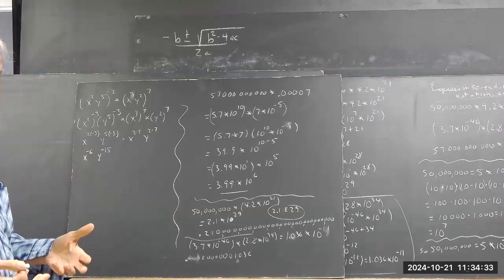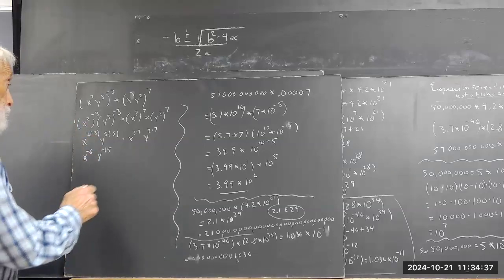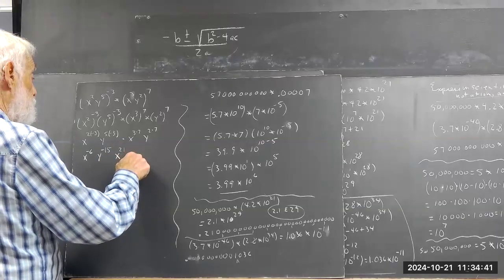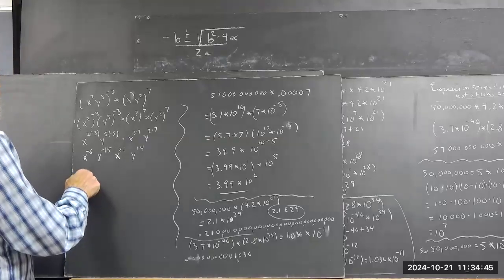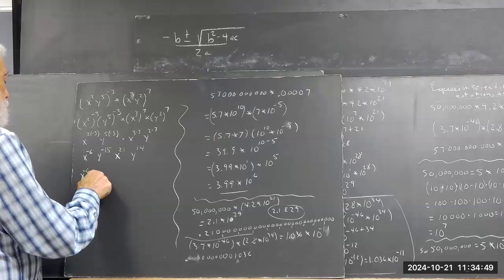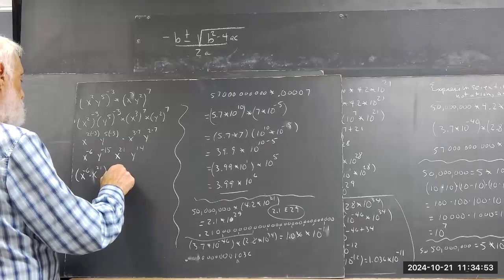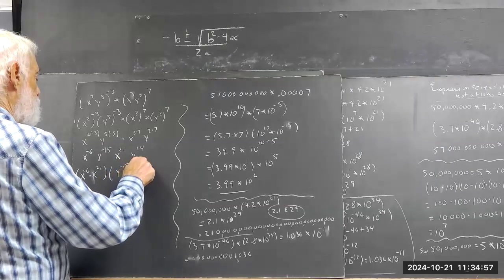And it doesn't take that long to glue everything together by writing out the steps and reminding yourself of what you're doing. And now you have x to the 21st and y to the 14th. Now that's x to the negative 6th times x to the 21st multiplied by y to the negative 15th times y to the 14th.